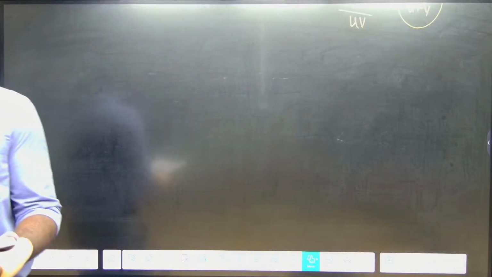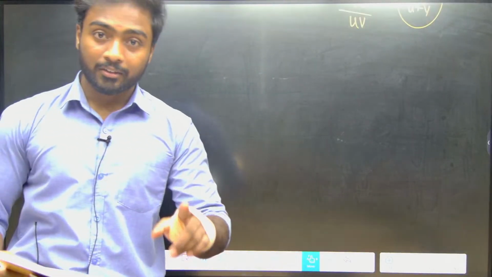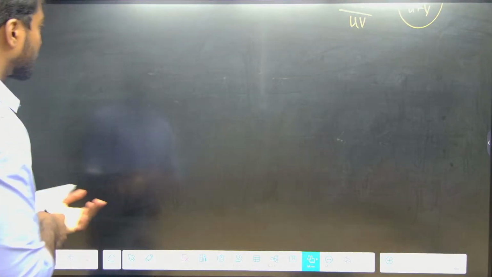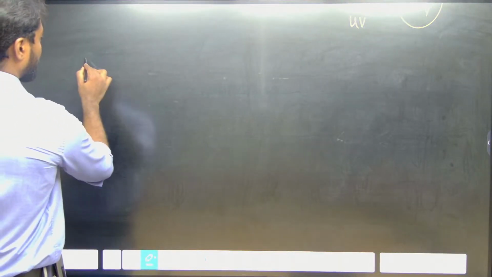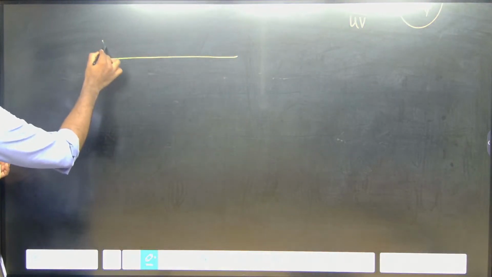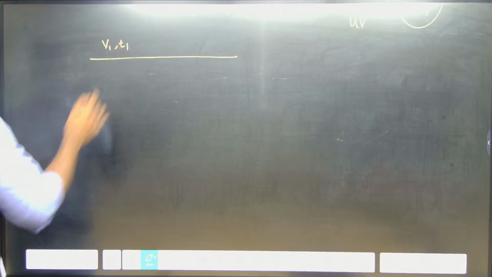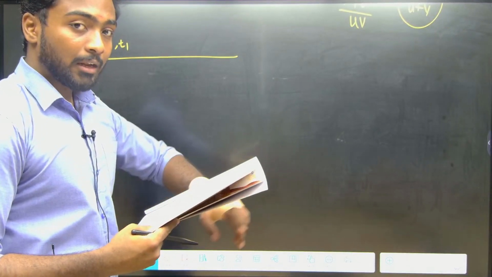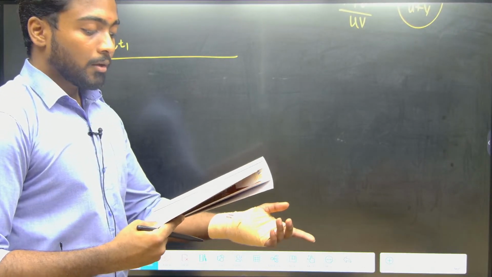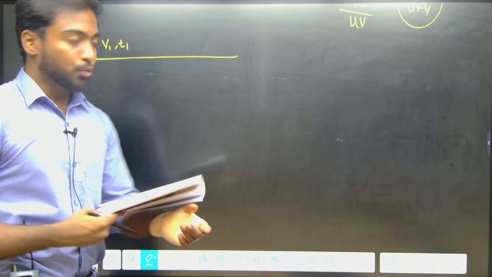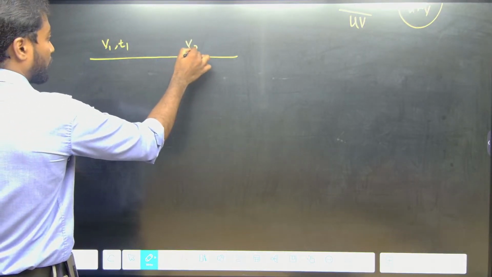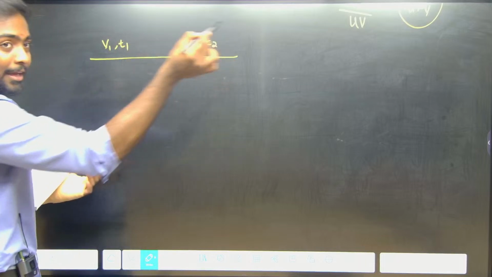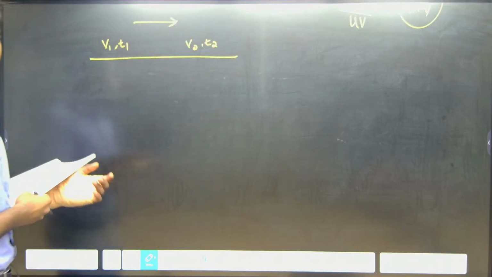A body travels with velocity v1 for time t1, with velocity v2 for time t2, in the same direction. Velocity v2, time t2, in the same direction, it is going in this direction.